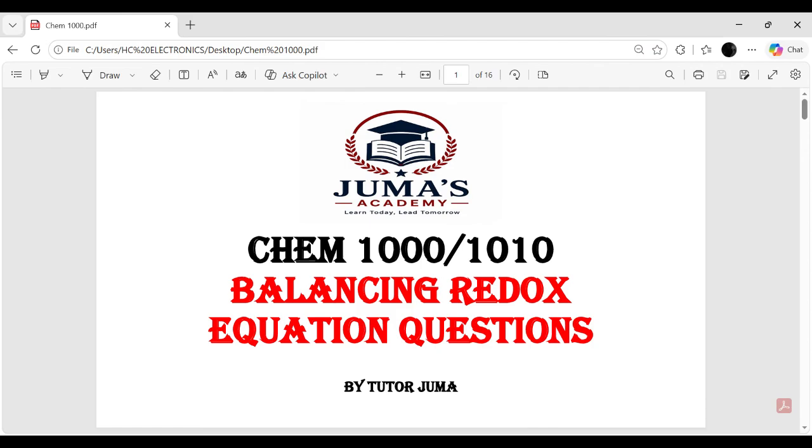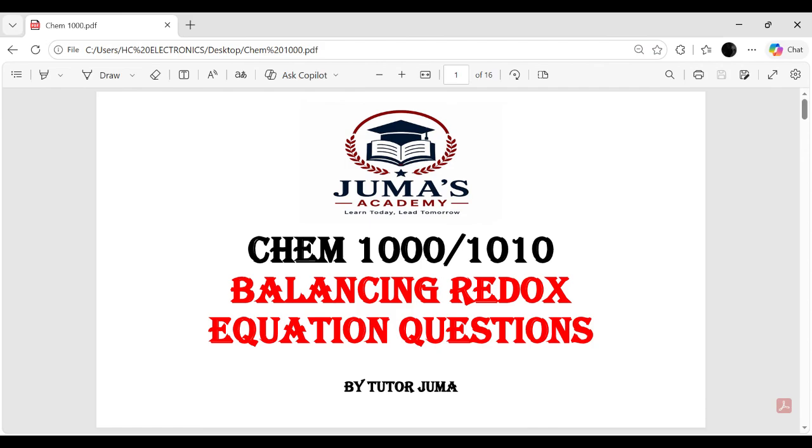So redox equations are very important because some of you have started doing electrochemistry. I can see in many groups lecturers are on electrochemistry. Electrochemistry deals with redox titration or redox equations.